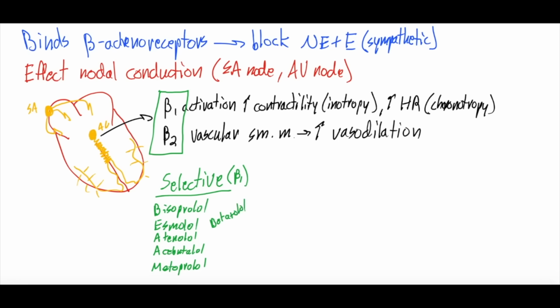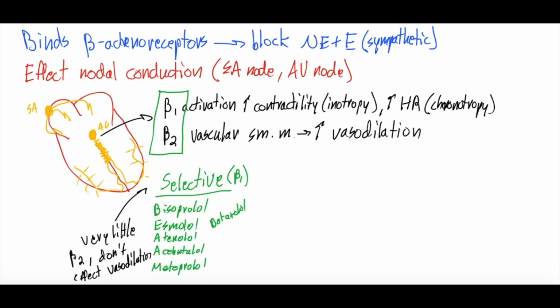When we say selective, what we mean is that they have very little beta 2 action, and as such they don't tend to affect blood vessels, or vasodilation, which is a beta 2 property.